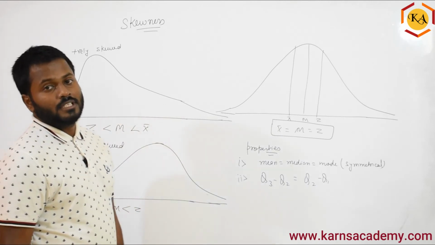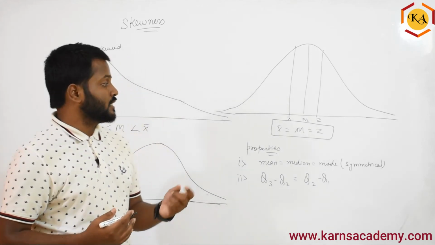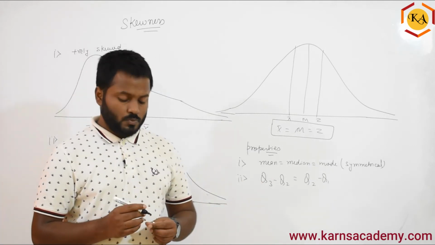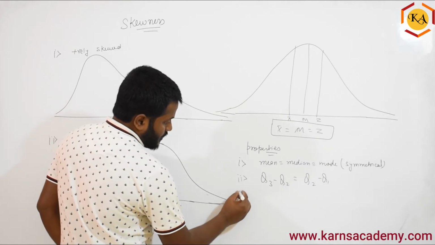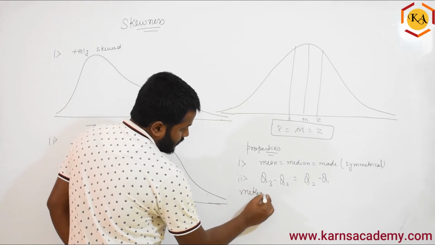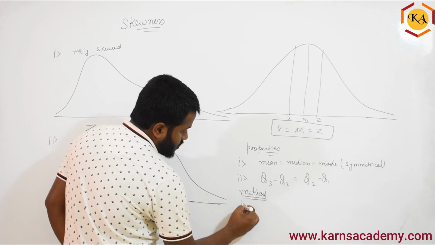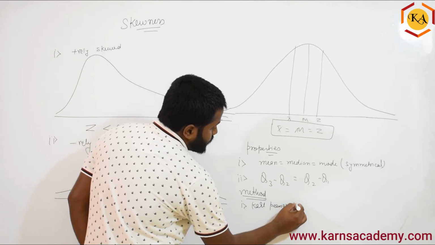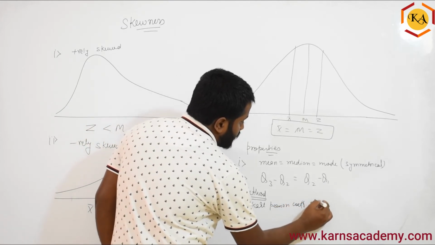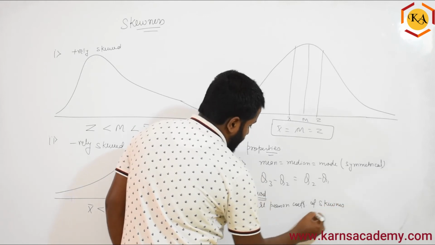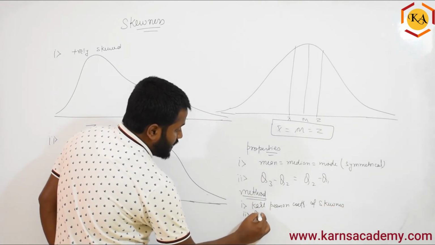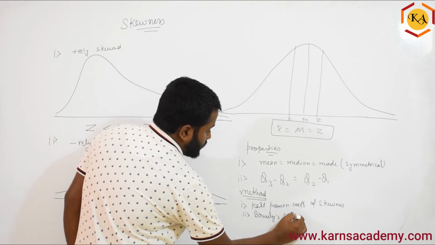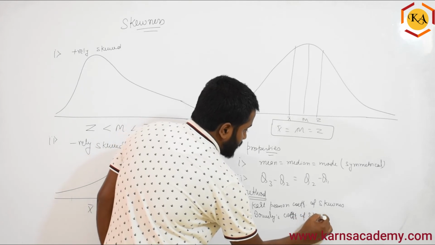How do we find out whether it is positively skewed, negatively skewed, or symmetrical data? We have two methods. Let me write them here one by one. The first one is Karl Pearson's coefficient of skewness, and the second one is Bowley's coefficient of skewness.